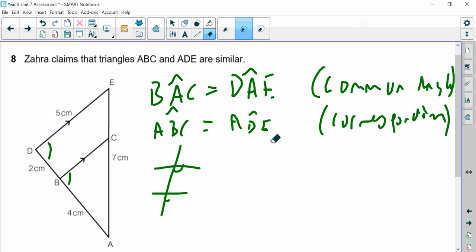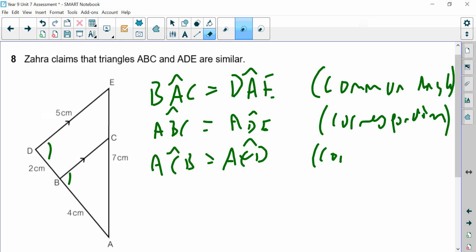By the same logic, I can also establish that the angle ACB, this one, and AED is also the same because they're also corresponding. So ACB is equal to AED.